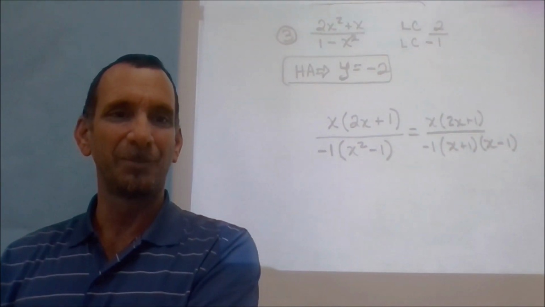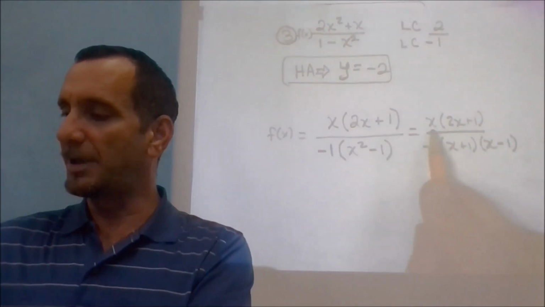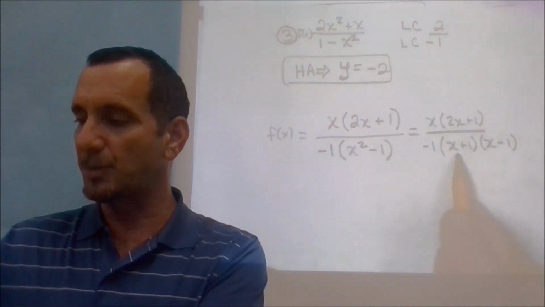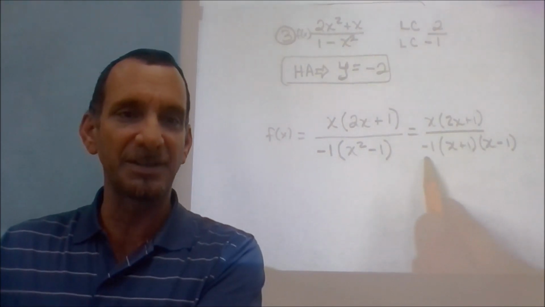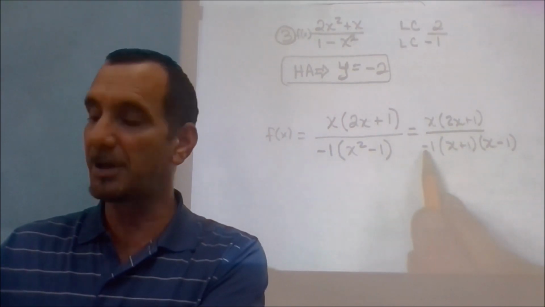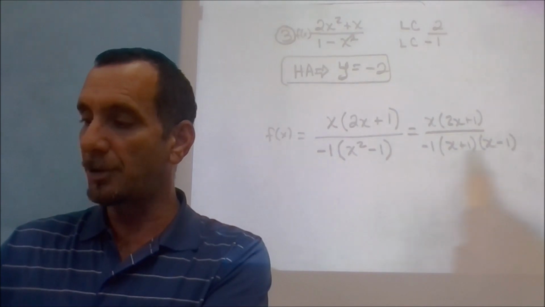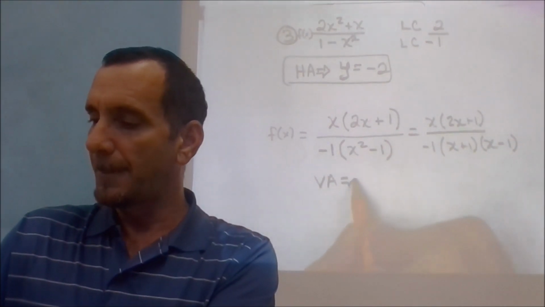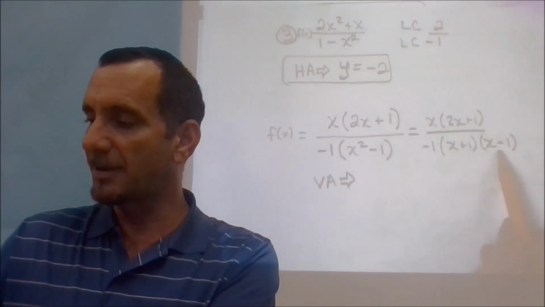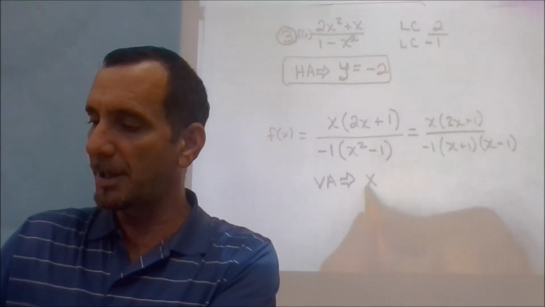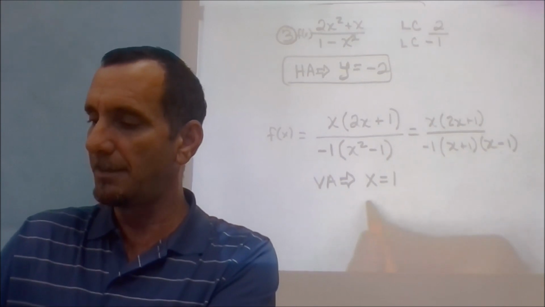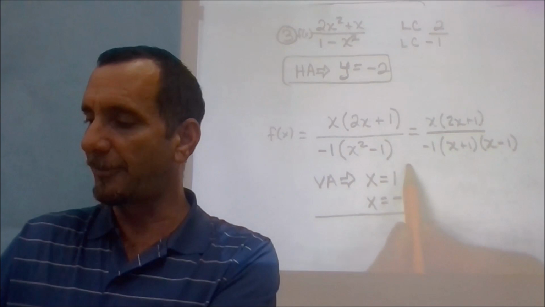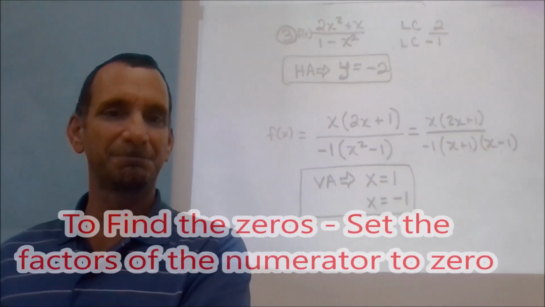There we are. So we've got the factors of the denominator. We're going to disregard the negative 1 because that's not really going to affect what we're doing here. For the vertical asymptotes, set the factors of the denominator to 0. We're going to get an x equals 1 and an x equals negative 1. Those are our vertical asymptotes.